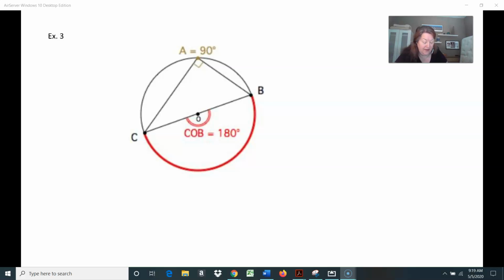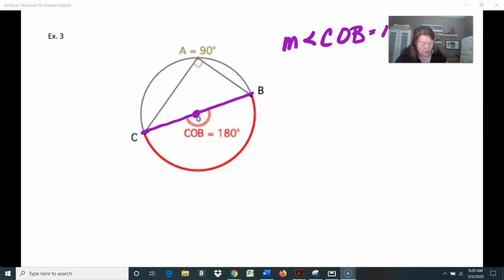In example 3, here we have a central angle. We have the measure of angle COB. If I start here and go here and then go there, that is a flat angle. That means that angle is going to be 180 degrees.